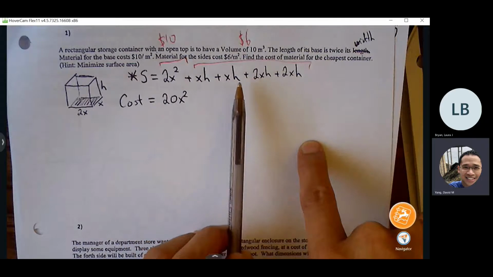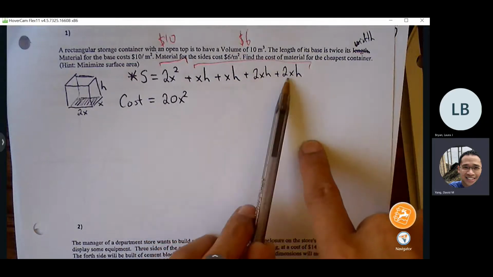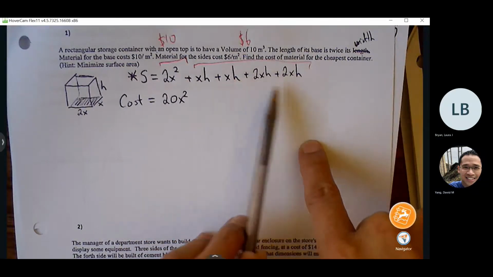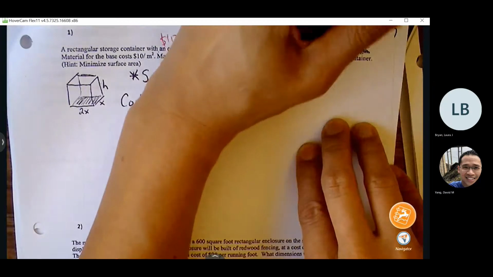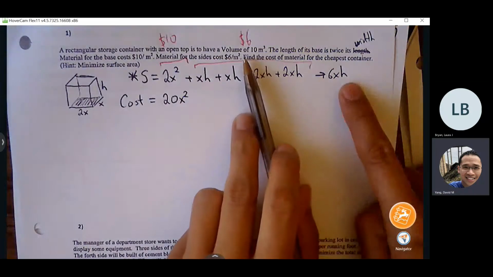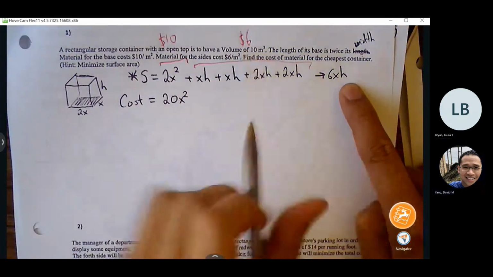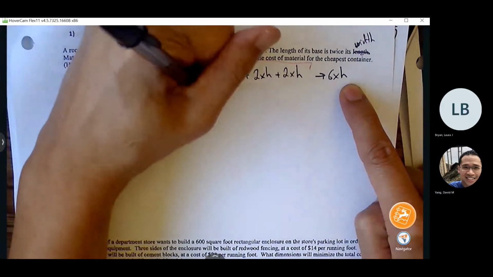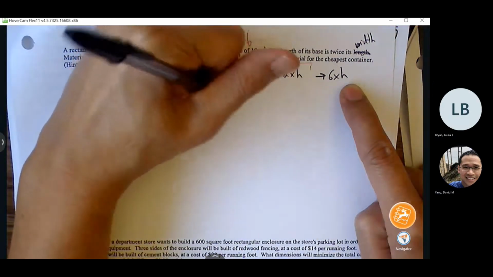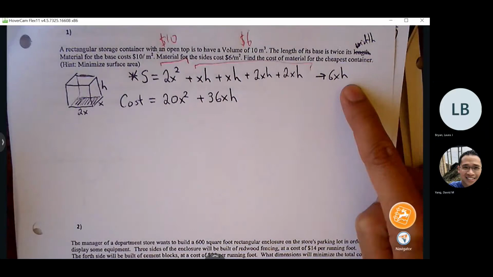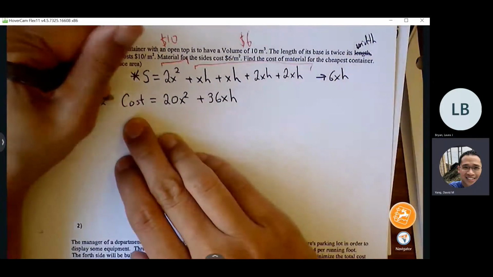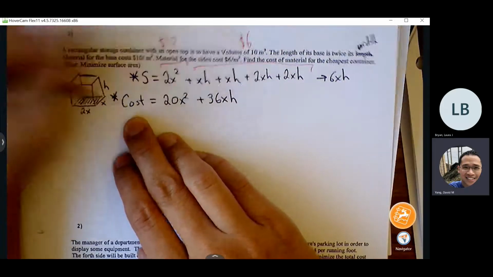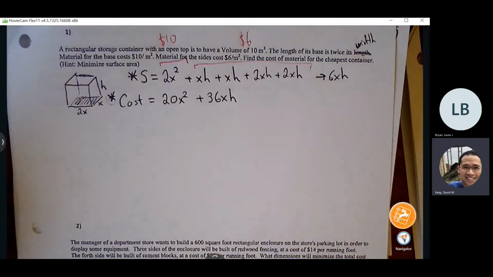So xh plus xh plus 2xh plus 2xh, this equals, yeah, and if I multiply that by the dollar amount. Okay, so this is where the star really goes. We really are trying to find a derivative of that cost equation.